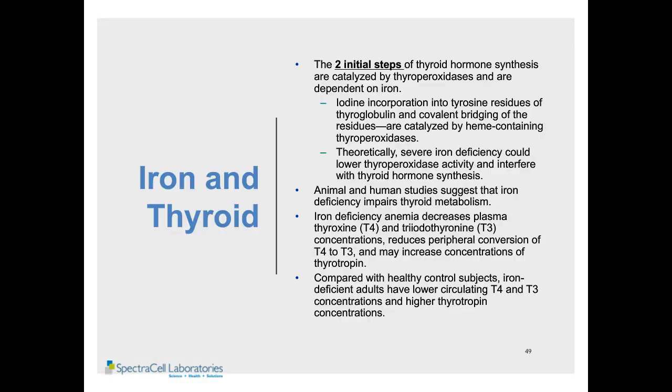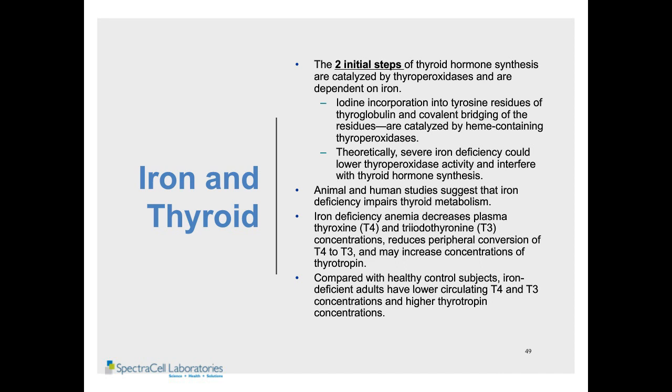A very important nutrient, once again, in thyroid support or thyroid hormone production is, of course, iron. Everybody that you suspect has thyroid dysfunction, you always want to look at their iron.